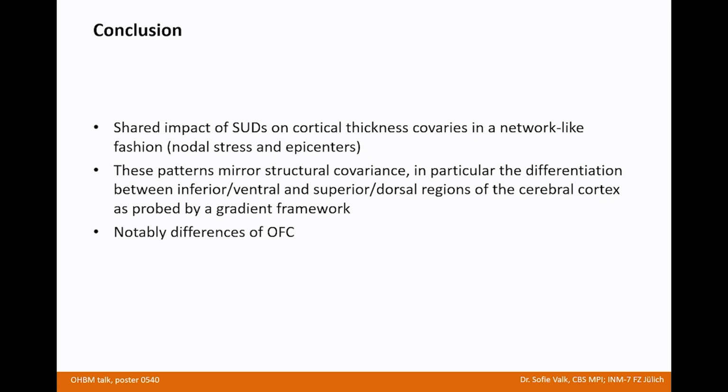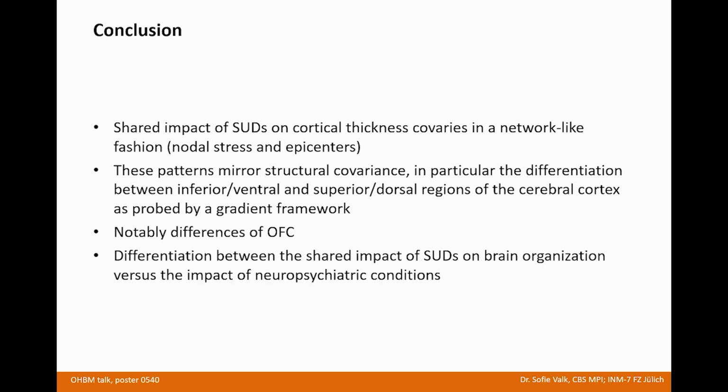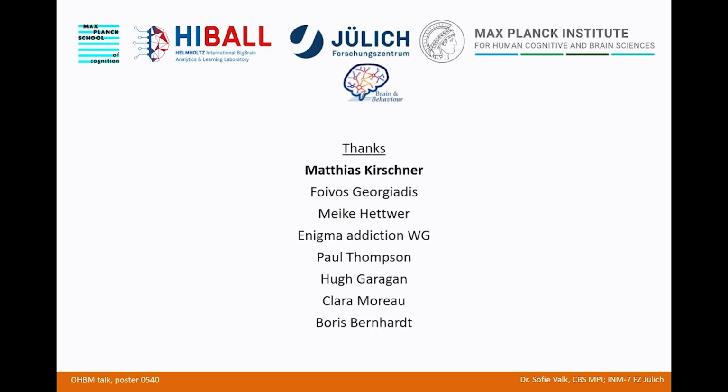There were notable differences in the OFC, mainly possibly due to atrophy patterns that are possibly more random in substance use disorders. We see a marked differentiation between the shared impact of substance use disorders on brain organization versus the impact of neuropsychiatric conditions. So with this, I end, and a big thanks to everybody involved, in particular Matthias Kirschner, who helped me with the data.